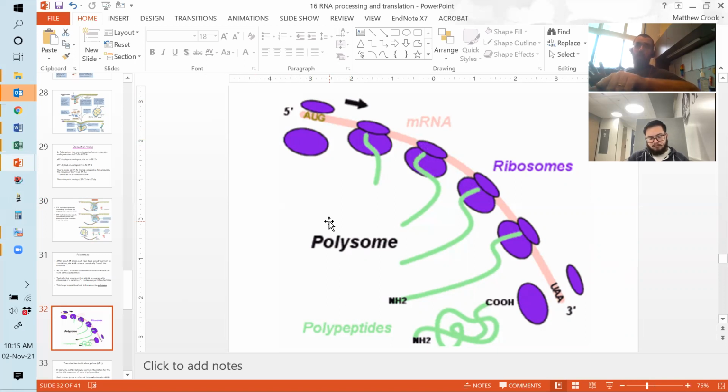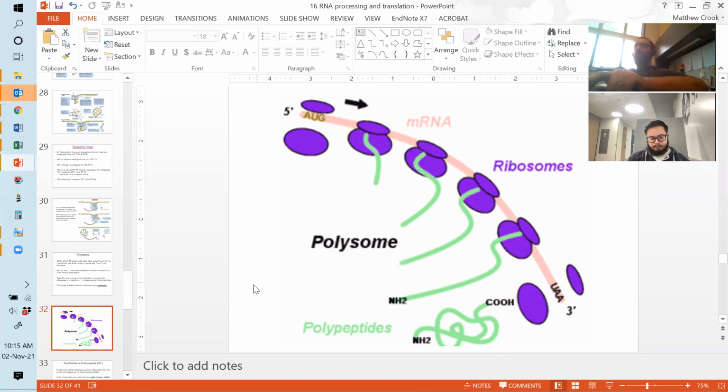Depending on the mRNA, and this varies from one gene to another, you can potentially have tens of ribosomes, even hundreds, all chuntering along that mRNA producing polypeptides.